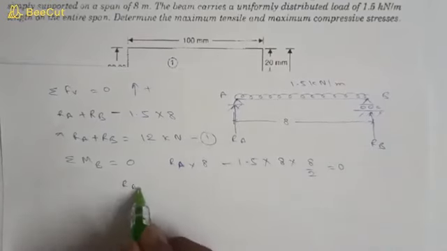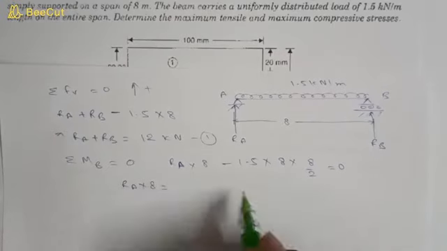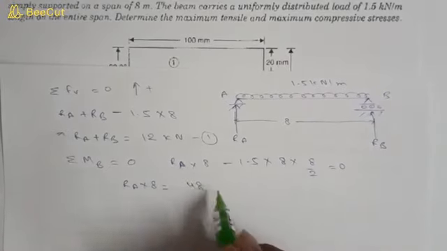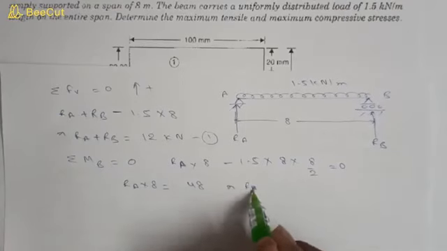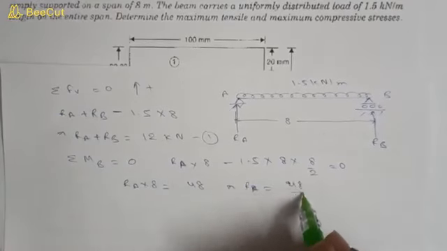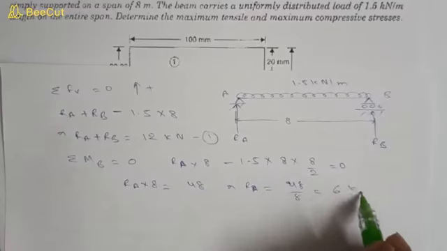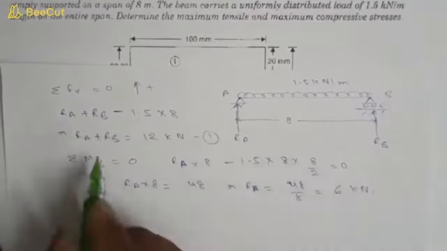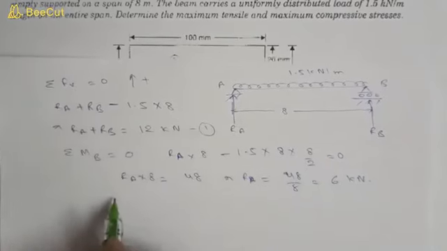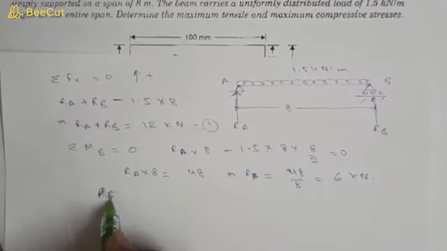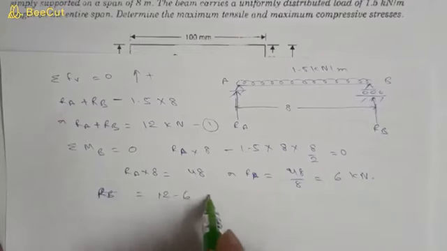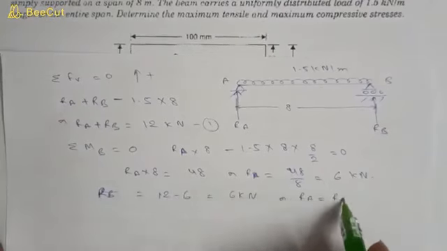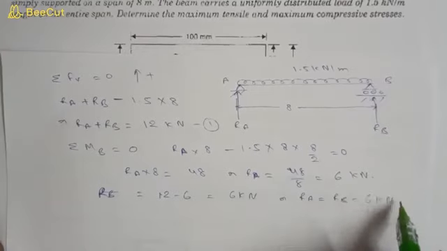So RA into 8 is equal to 48, so RA is 48 by 8, equal to 6 kN. So RA is 6 kN and RA plus RB is equal to 12 kN, so RB is equal to 12 minus 6, equal to 6 kN. So RA is equal to RB is equal to 6 kN.